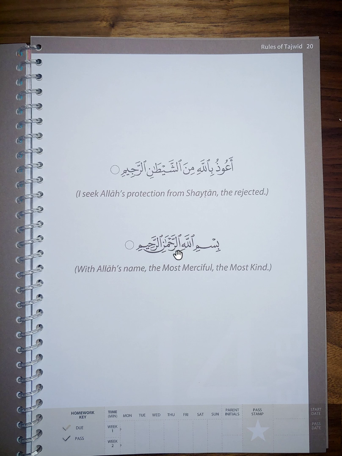Finally, the Ra's, both in Ta'awudh and Basmalah, make sure you pronounce them as Arabic Ra, not as English R's. It is an English R if you say it that way. So Ra. Okay, let's practice that again.